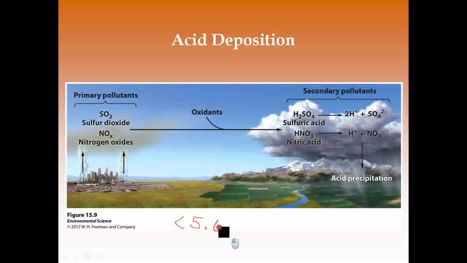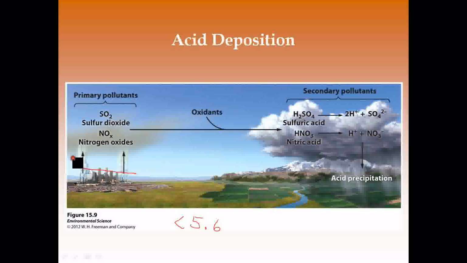Now this diagram is in your book. It's on page 419. There's a lot to learn from this diagram. Let me cover those things for you now. The first thing that you need to remember about acid deposition is it does not happen where the primary pollutants are pumped into the air.